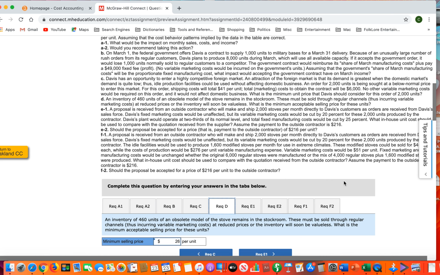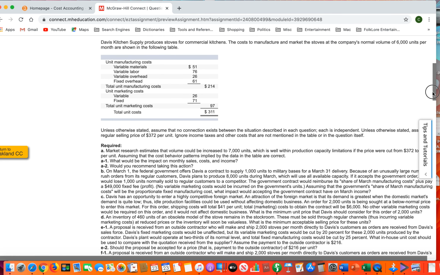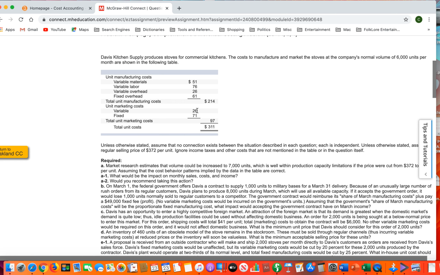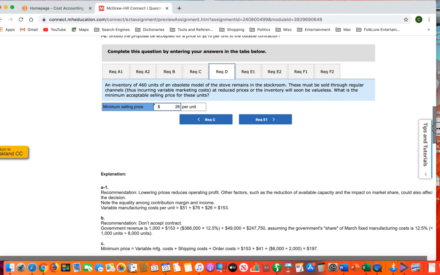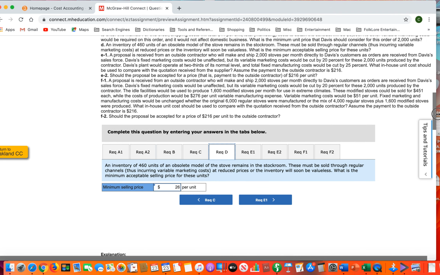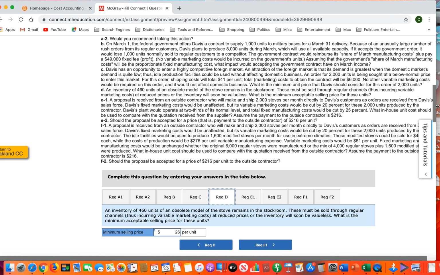And so we go to D, and they say $26 per unit. Where did 26 come from? The variable marketing cost right there. Okay. Now that may not be as obvious, but thinking about it, they're obsolete.